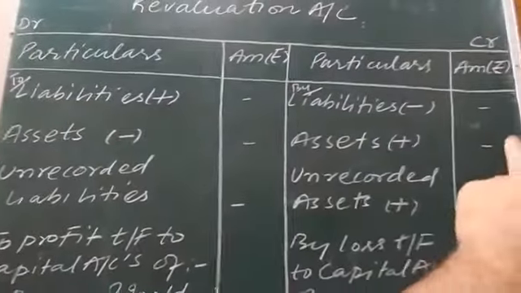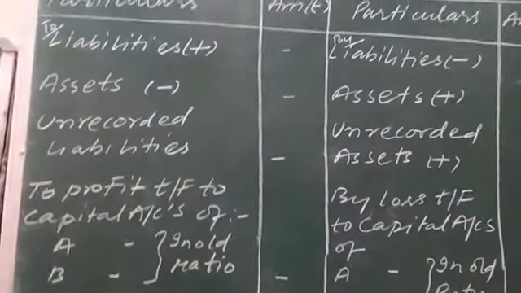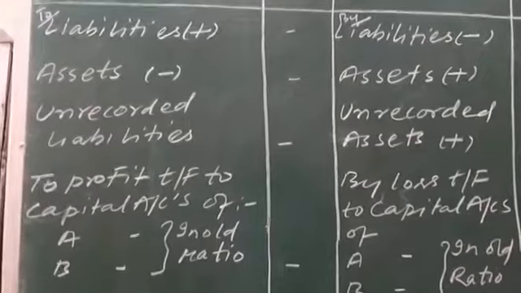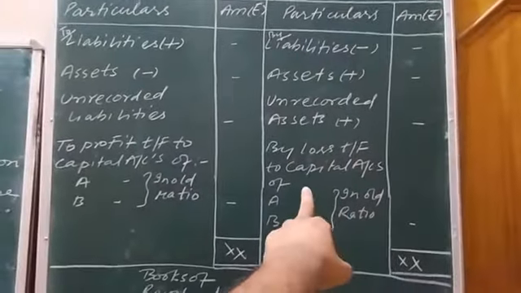Credit side total minus debit side total, the difference is a profit. If the debit side total exceeds the credit side total, then there will be a loss.